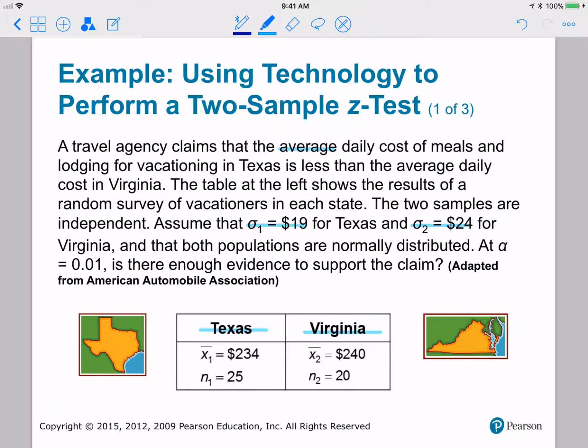We're supposed to assume that both populations are normally distributed, so we satisfy that requirement. Notice that even though our sample sizes aren't greater than or equal to 30, it's okay because we are assuming, or we know, that both populations are normally distributed. So we've covered that sigma 1 and sigma 2 are known. The samples are random. The samples are independent.